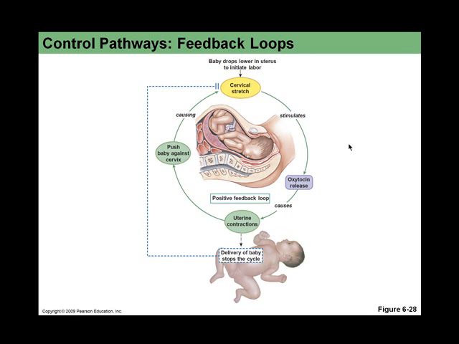The classic example of a positive feedback is labor and delivery. So there is a cervical stretch as the baby drops lower in the uterus to initiate labor, and this sends a sensory signal up to the nervous system, to the hypothalamus, to release oxytocin from the posterior pituitary gland, and that is distributed through the blood and has target cells in the myometrium, the muscular lining of the uterus, and it causes uterine contractions until ultimately, of course, you have the delivery of the baby.